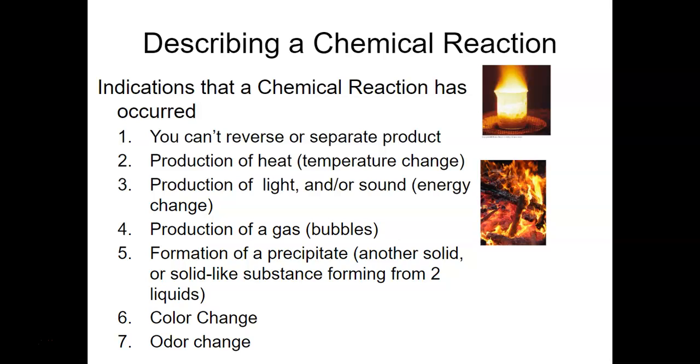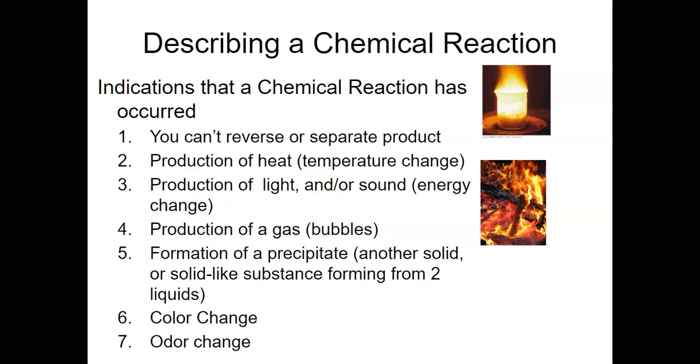Production of heat, like I said, the heat change, don't think that it just has to get hot. It actually can get cold as well. Getting hot is exothermic, getting cold is endothermic. Production of light and or sound, think of a glow stick. A glow stick is a great example of a chemical reaction where you see light being emitted. Production of gas is a great one. When we look at some of our chemical reactions we're going to look at a little bit later this unit.